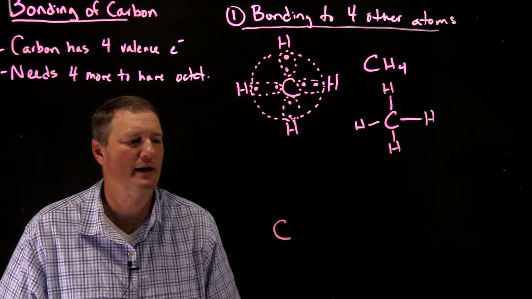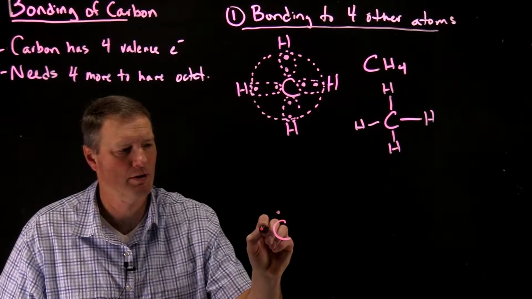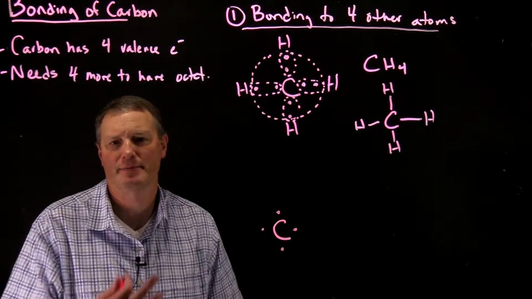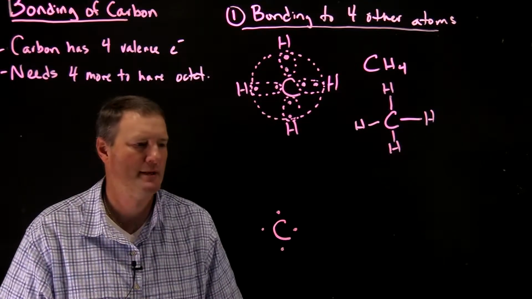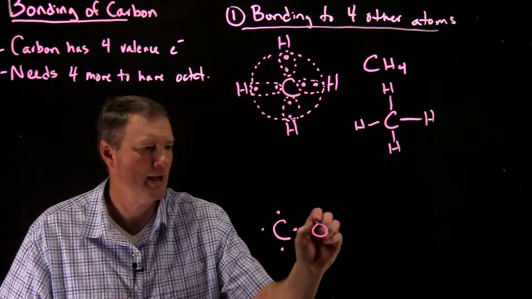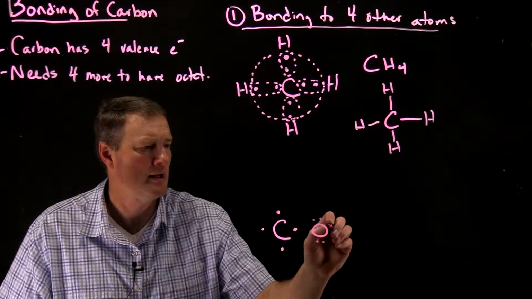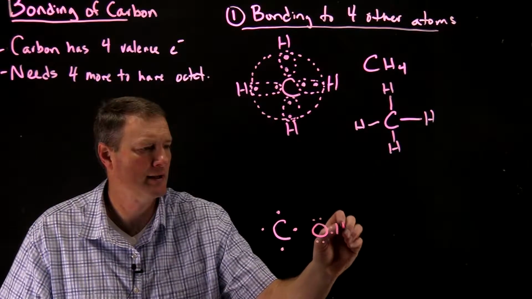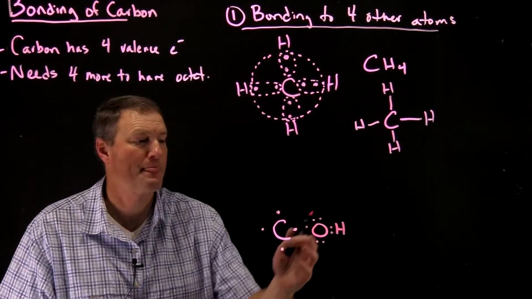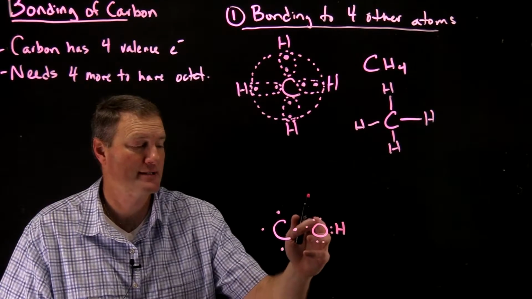So let's put a carbon here again with our 4 valence electrons. And let's have it bond to some things other than hydrogens. Let's have it bond to an oxygen, for example. Okay, so oxygen being in group 6, it's going to have 6 valence electrons.